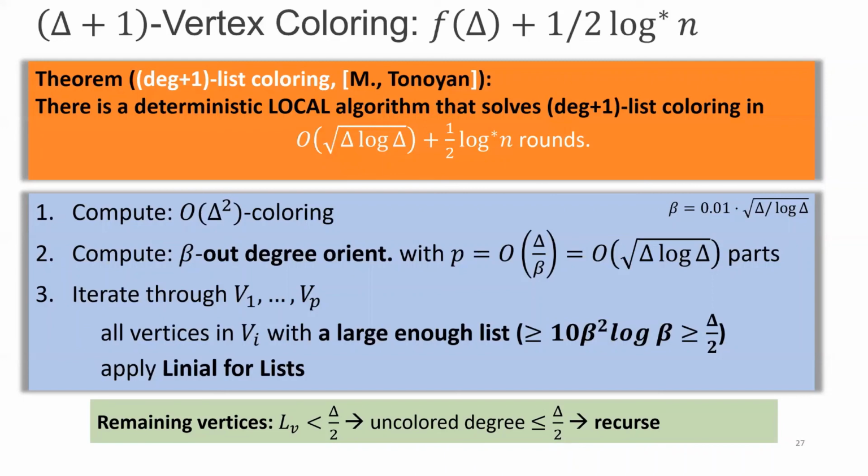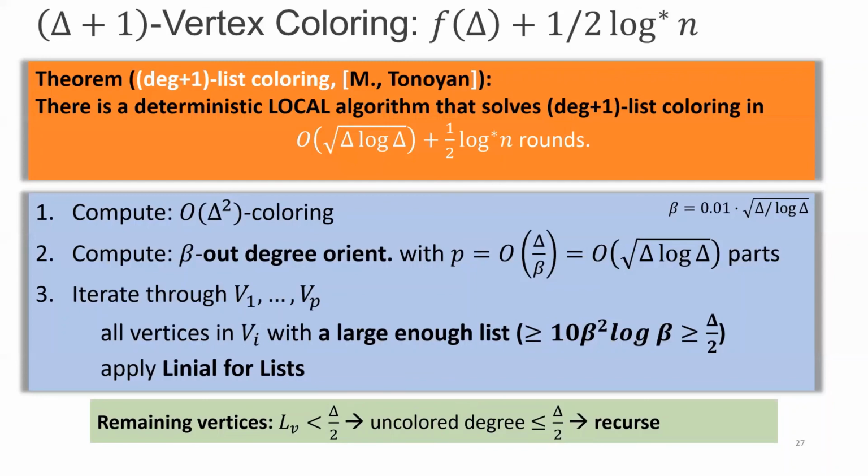And due to the choice of parameters, it has a list of size at most delta over 2. And how can you get a small list? Only if you erase some of the initially delta plus 1 available colors. And this means you only erase one if you have a colored neighbor, if one of your neighbors gets a color. This means that your uncolored degree is also at most delta over 2.